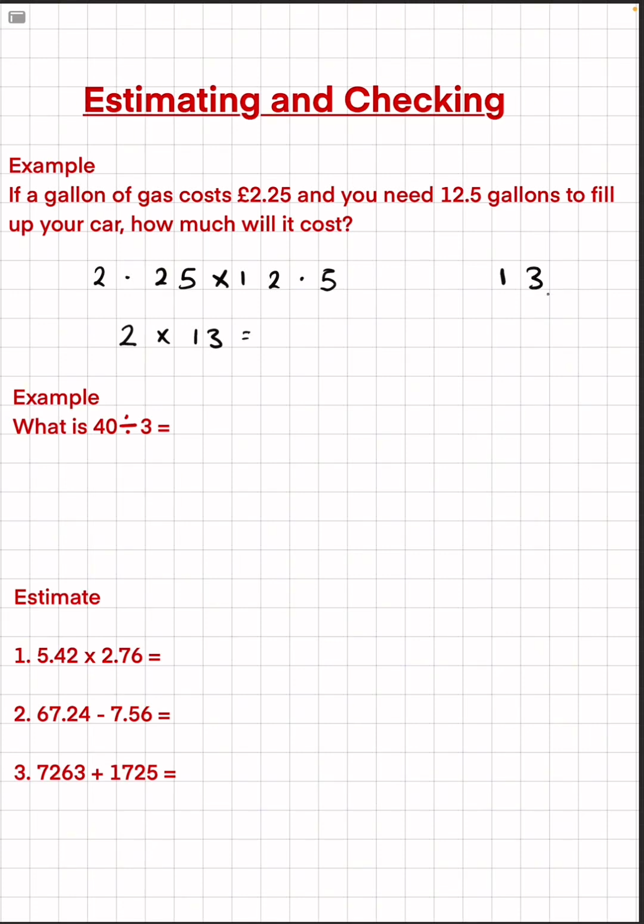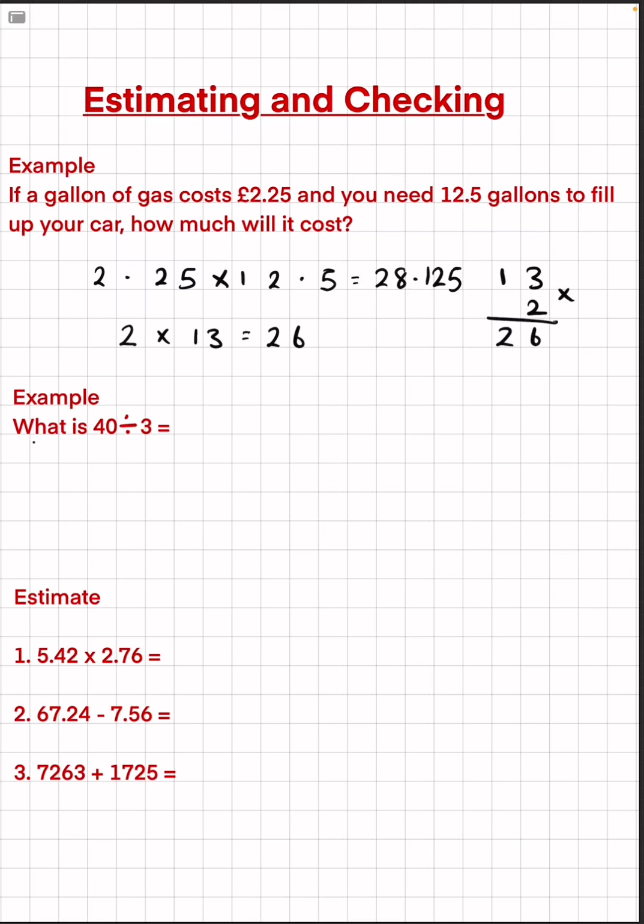If we work this out, 2 times 3 is 6, 2 times 1 is 2. So the answer is 26. The actual answer, if we put it into a calculator, is 28.125, which is quite close to our estimated answer.